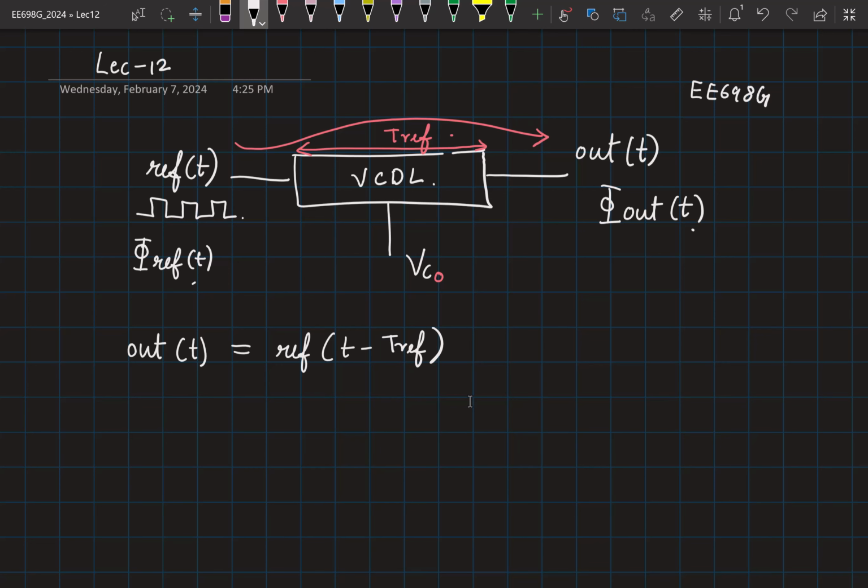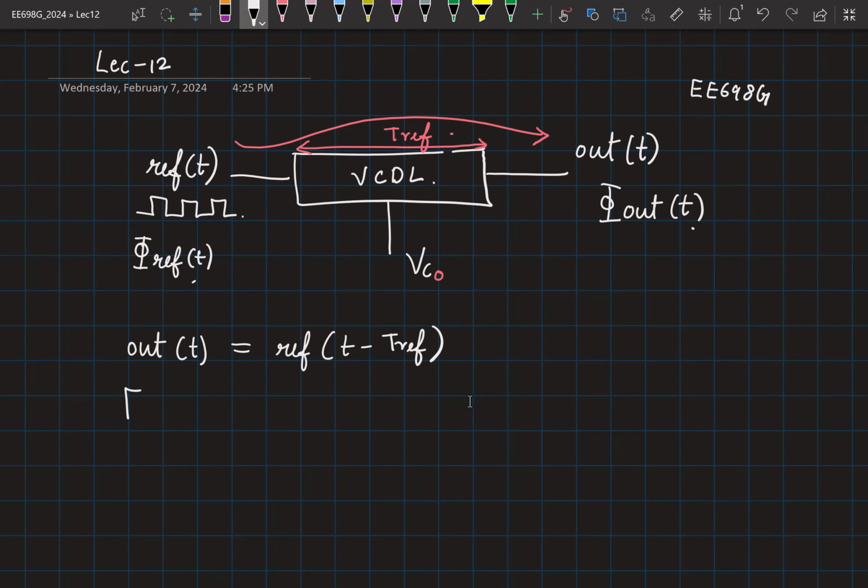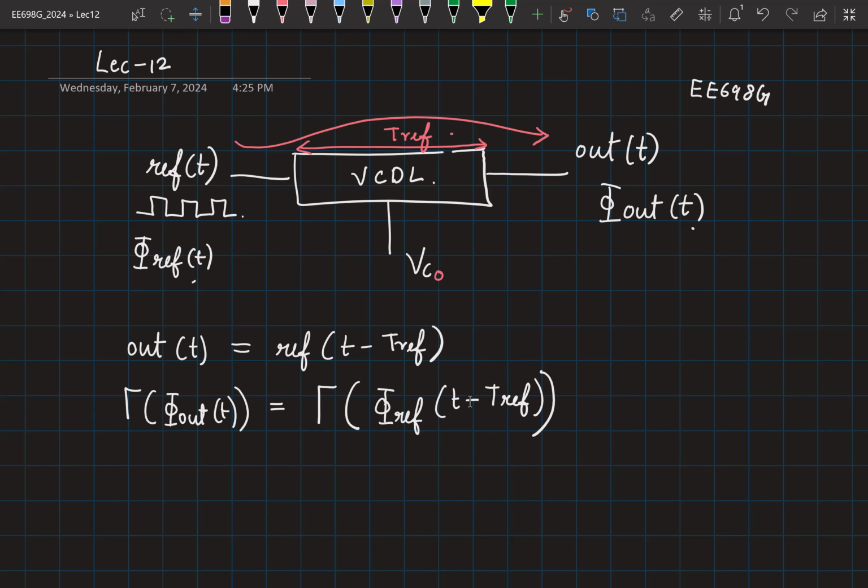We are going to represent out of t as some function of its total phase. So what should I write here? Some function. Phi of ref of t minus t ref. Right? So which means I can directly start looking at the phase relationship.